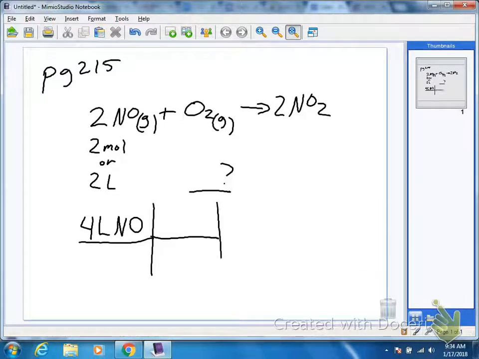So we're going to put 4 liters of NO, and how you would set it up to solve for it by converting is your liters of NO go down here, and your liters of O2 go up here. Then the numbers in your ratio go in the spots: 2 liters to 1 liter.